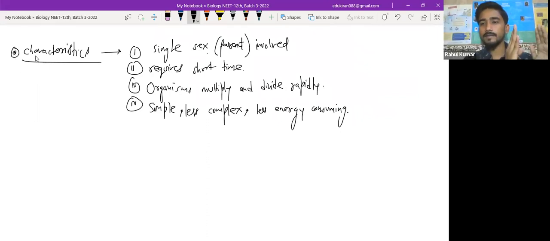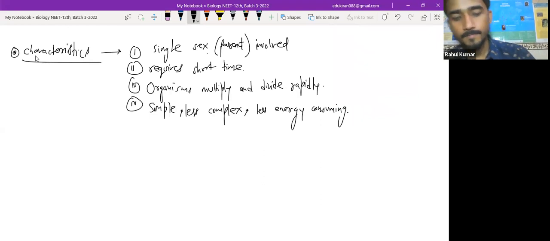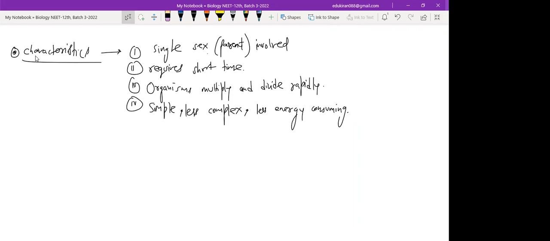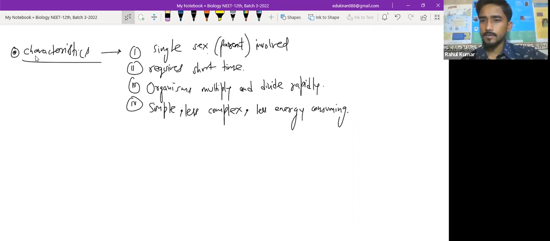Can you relate? Lower organisms undergo less energy production, hence they would not like to spend a lot of energy in reproduction. Am I clear? Am I audible to all of you?